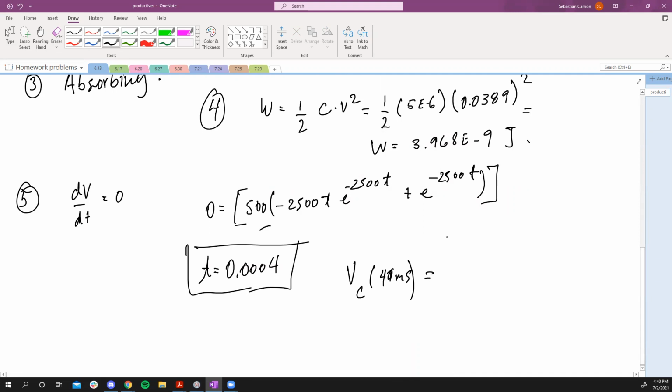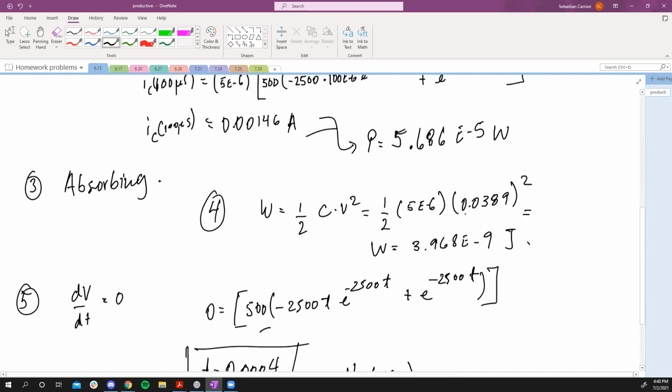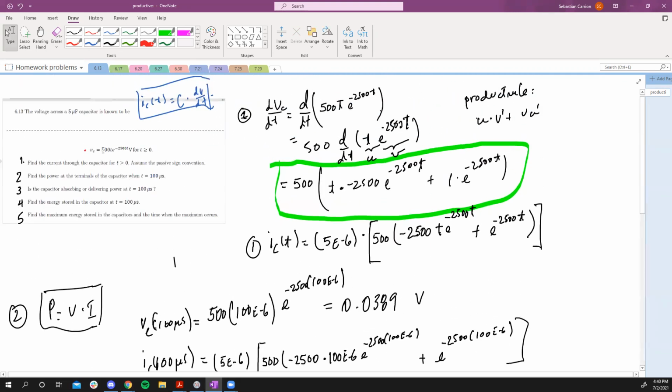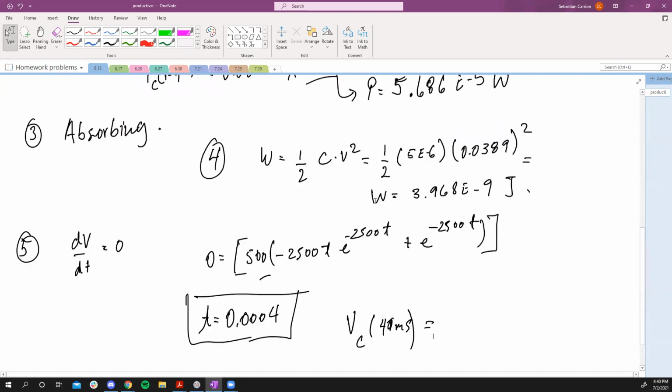But anyways, we go back to the capacitor voltage equation, 500 t e to the negative 2500 t.